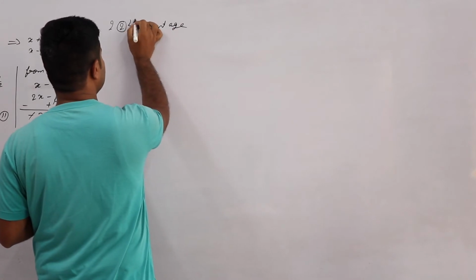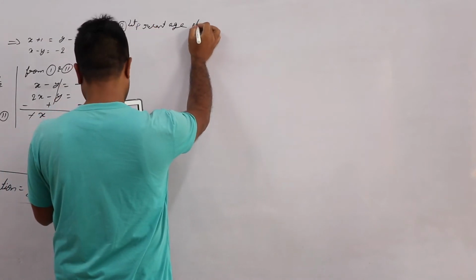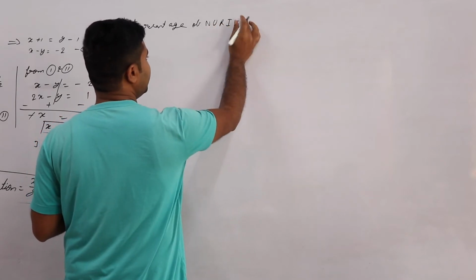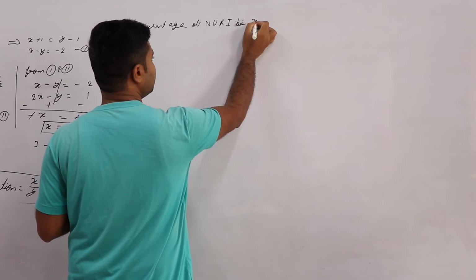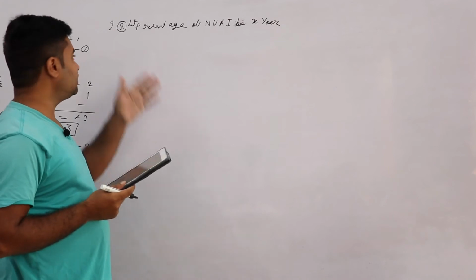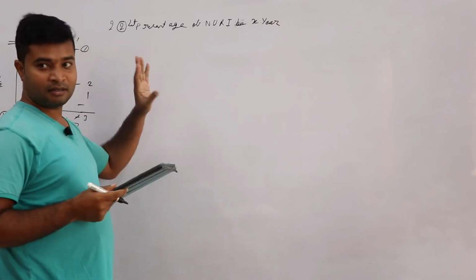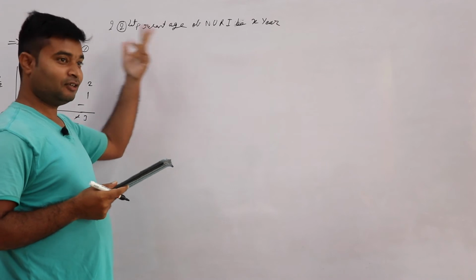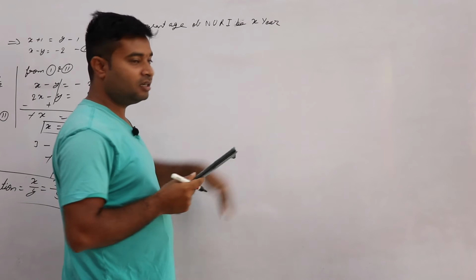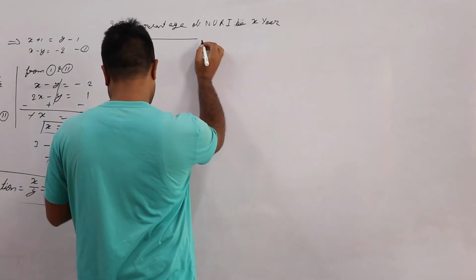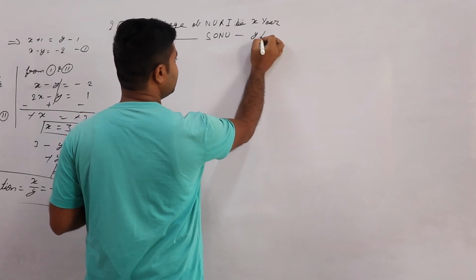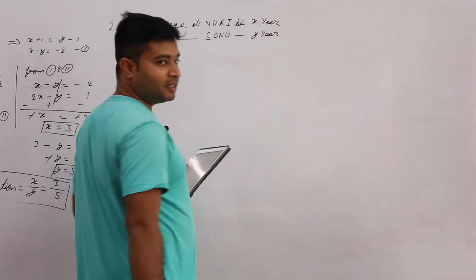We should write "let" also. So let the present age of Noori be x years and the present age of Sonu be y.